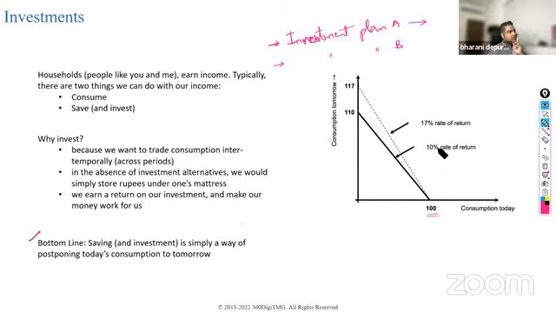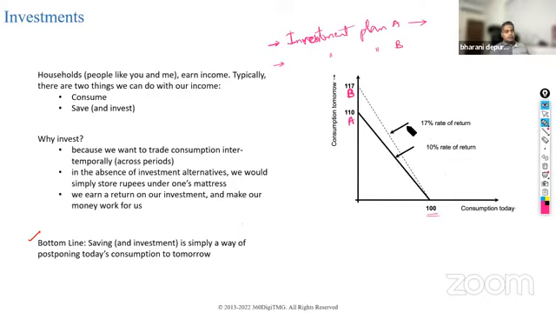In one year, you get a 10% rate of return. So that's plan A. Investment plan B is, if you invest $100, you get $117 in return. In this, you get a 17% rate of return.